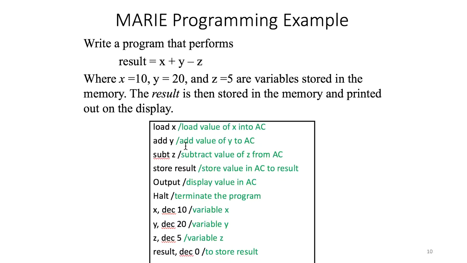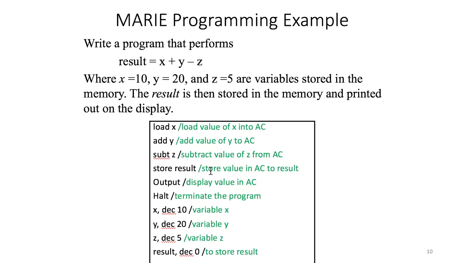It means the value of variable y will be added to the AC, and then we perform sub z. It means the value of the AC will be subtracted by z, and the result will be stored back into the AC.